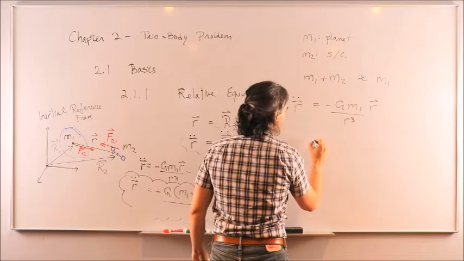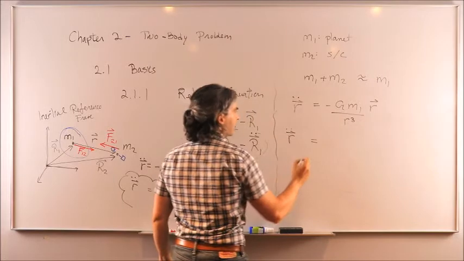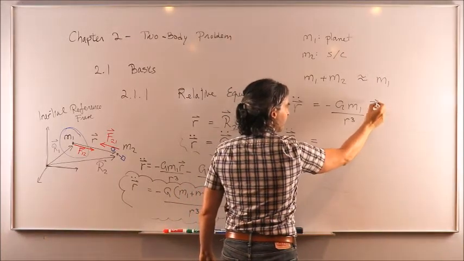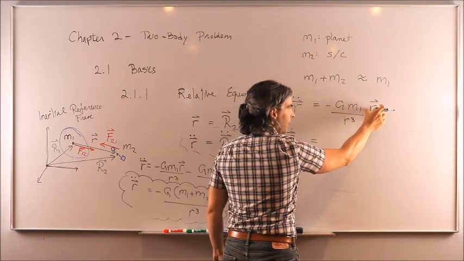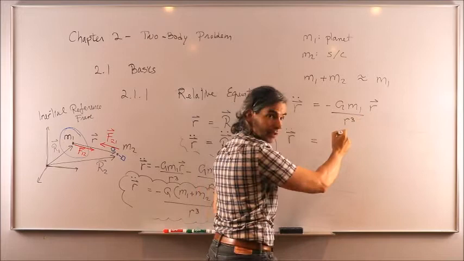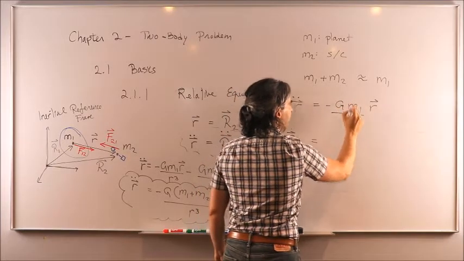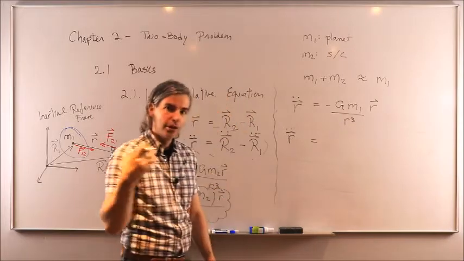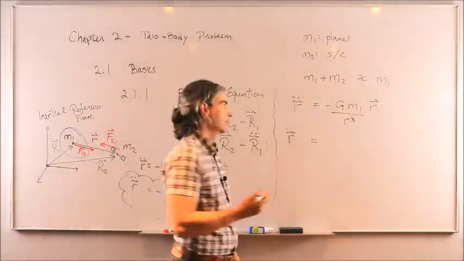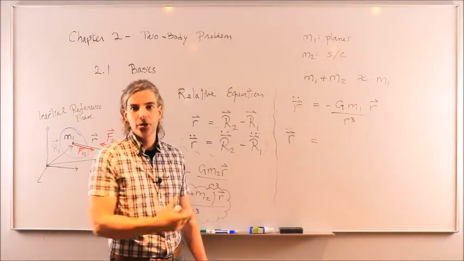Furthermore, it tells us that this expression is only a function of the position vector between m1 and m2 through the position vector r and also its distance, but also a function of G times m1. G was our universal gravitational constant that we spoke about last time. And m1 will be the mass of the planet about which the spacecraft happens to be orbiting.